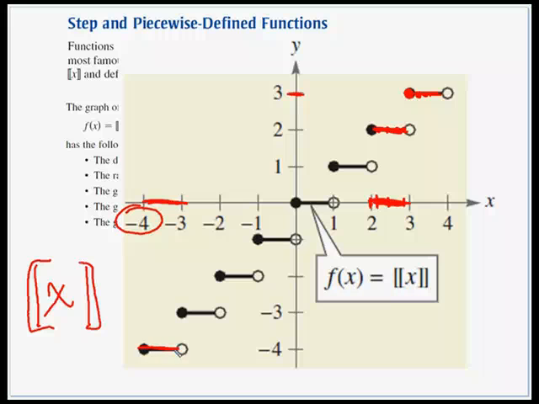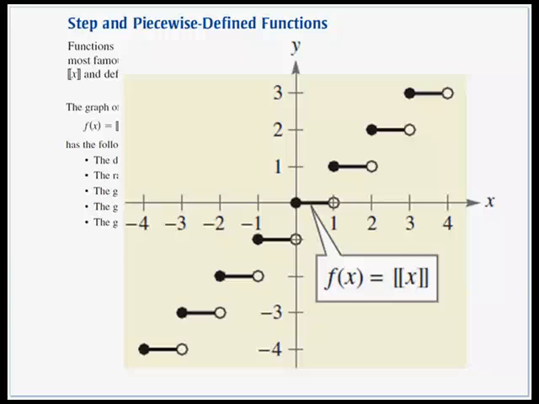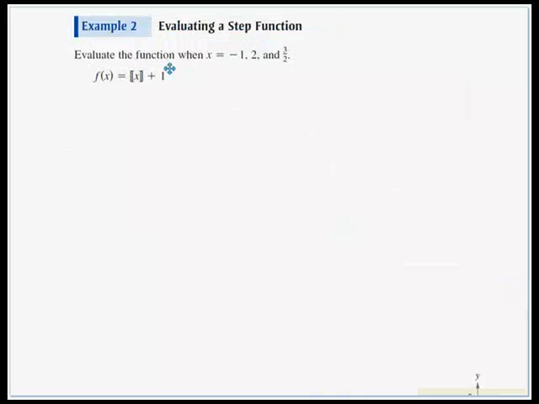So you could call it a step function or the rounding down function or the greatest integer function. It does look like a set of stairs. So let's evaluate this step function. We have f of x equals the step of x plus 1.